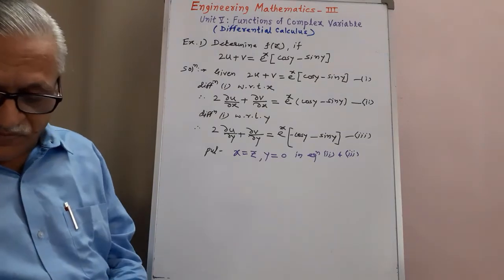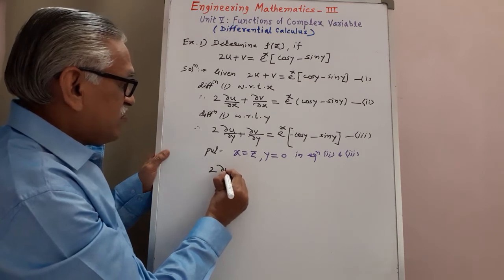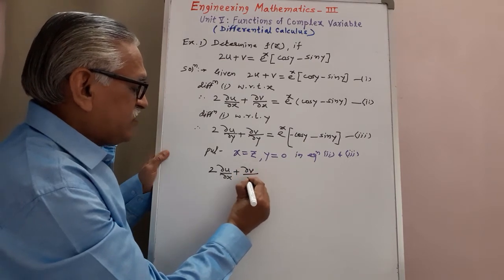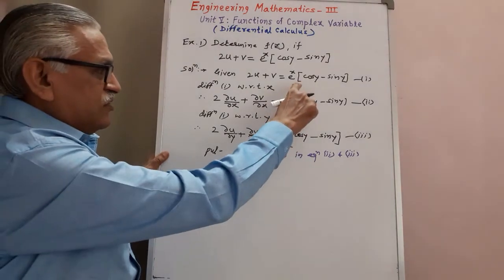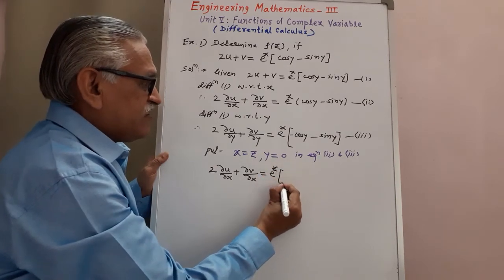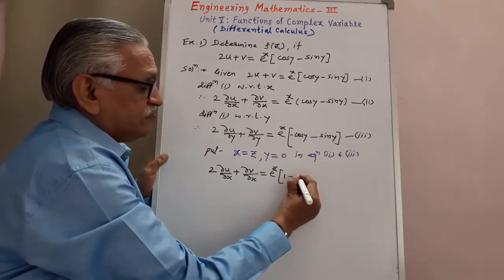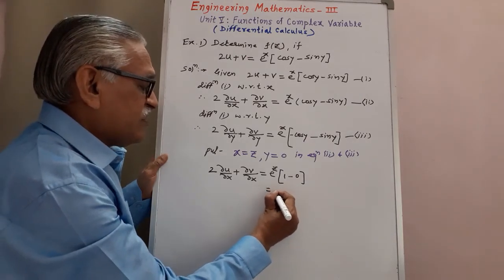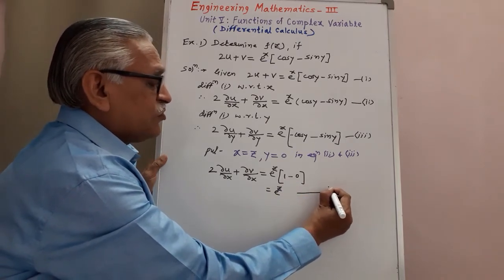We get, therefore that equation 2 becomes 2 times dou u by dou x plus dou v by dou x, and this is by Milne-Thomson theorem, and therefore it becomes e raised to z, x replaced by z, cos 0 is 1, therefore it is 1, sin 0 is 0, and that is e raised to z. We call this as equation number 4th.